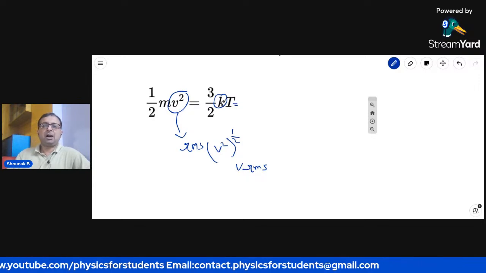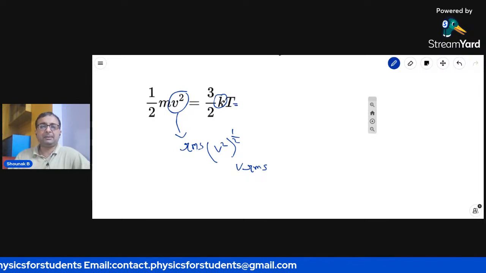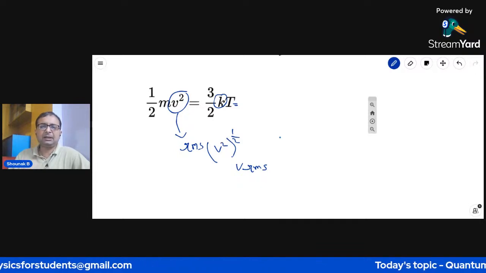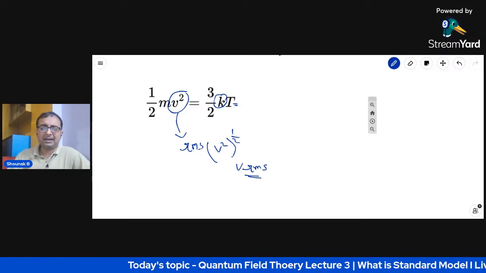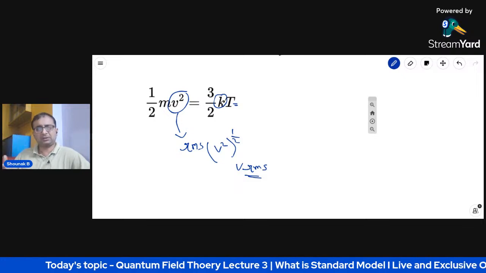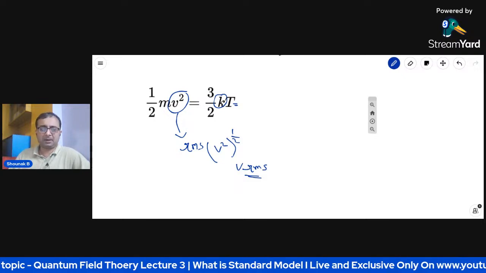Okay. Now at any given temperature, the speed V RMS of lighter particles is obviously faster than that of heavier particles.